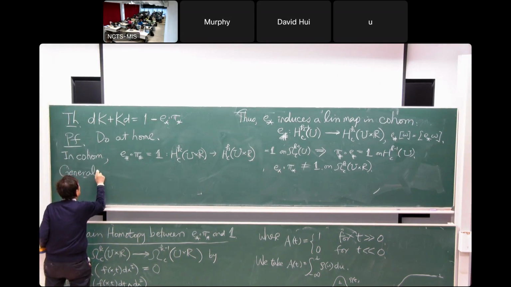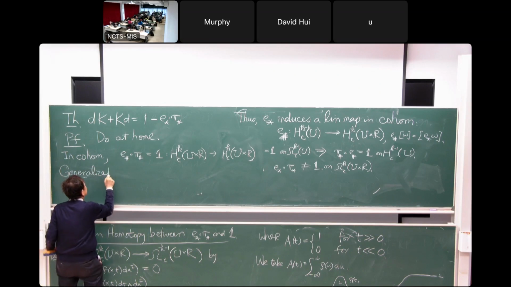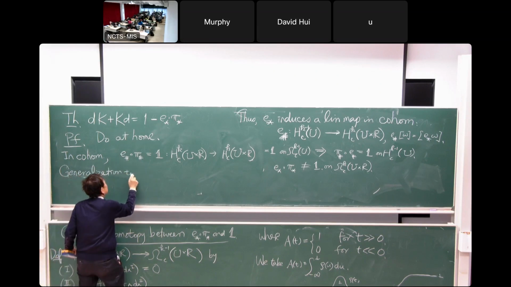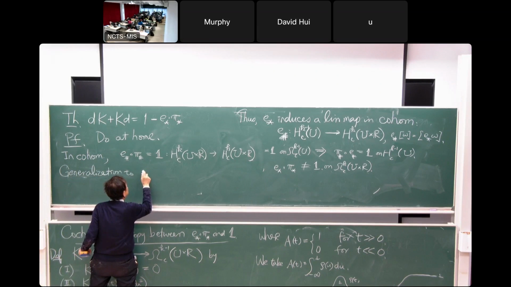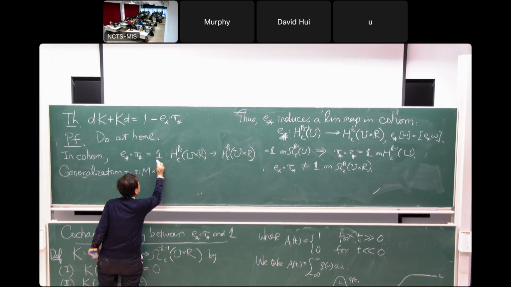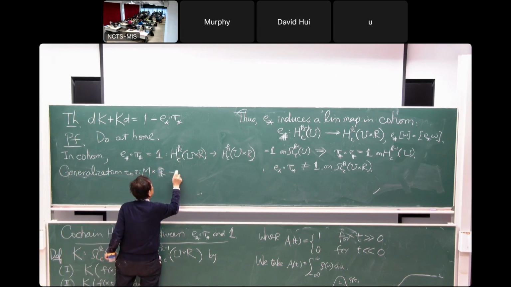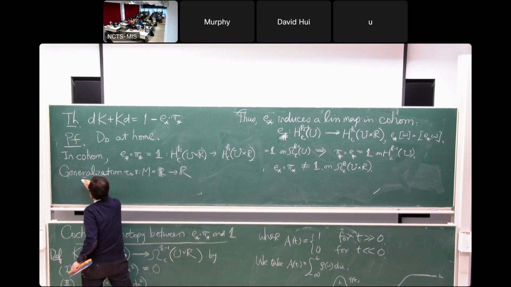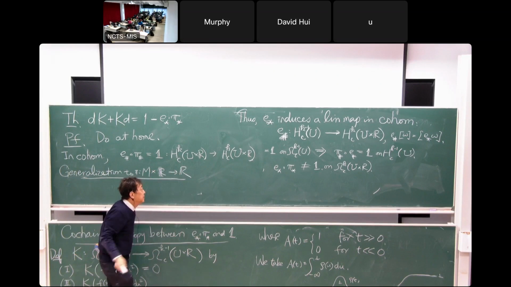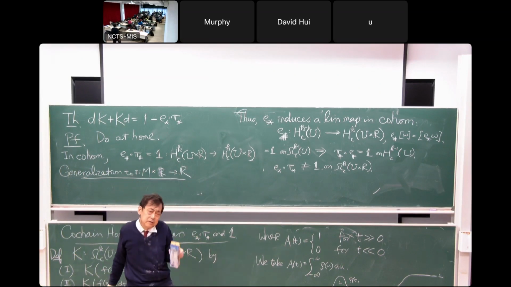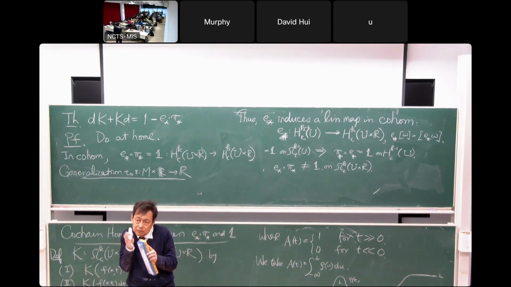And now, this can be generalized to pi from M cross R to R. Because you see, the integration along the fiber only involves t.